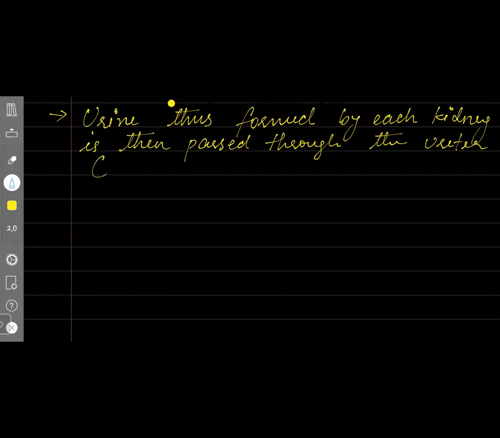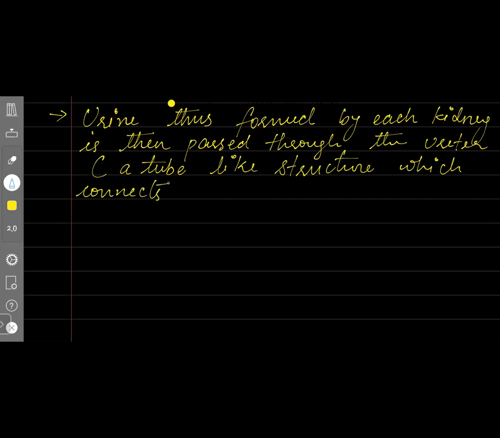We can say it is a tube-like structure which connects the kidney to the bladder.